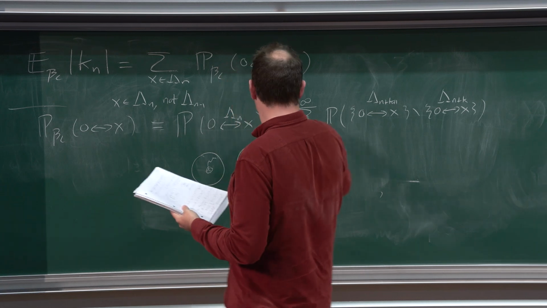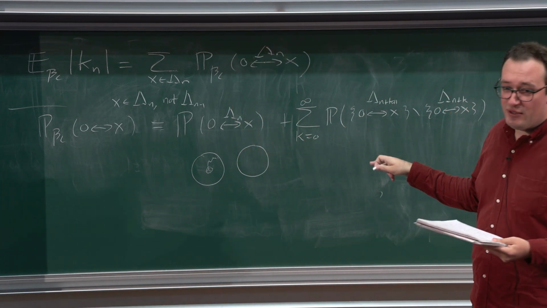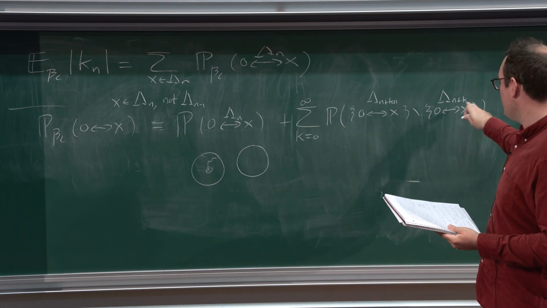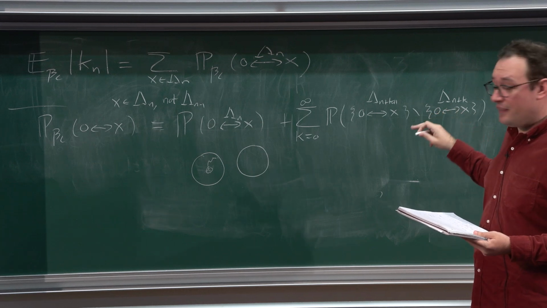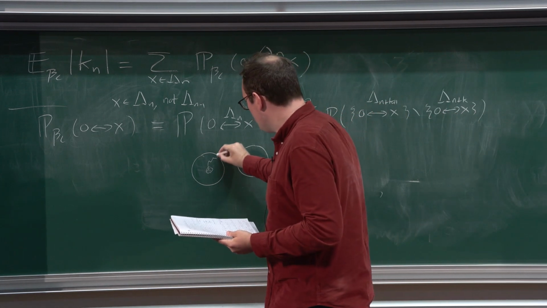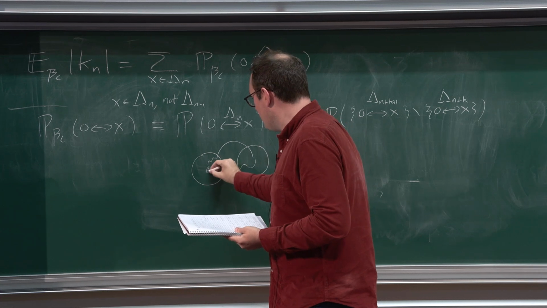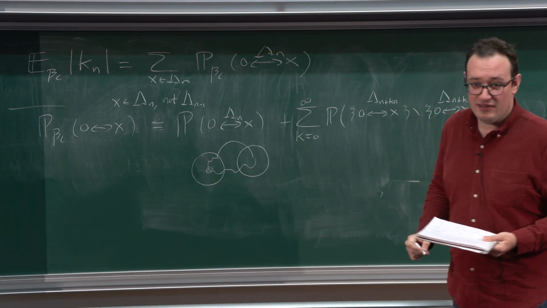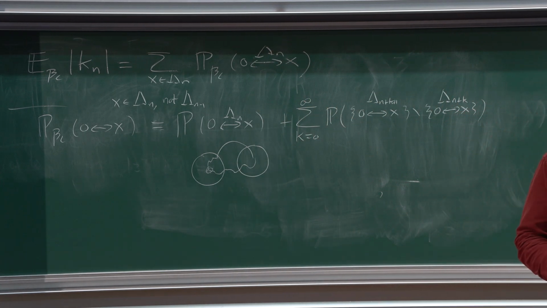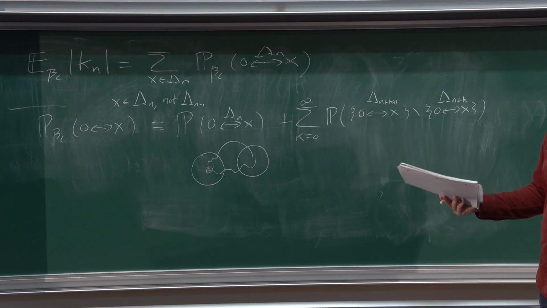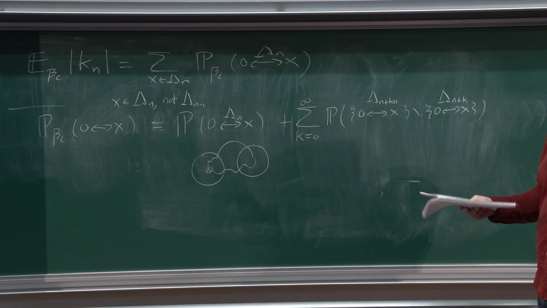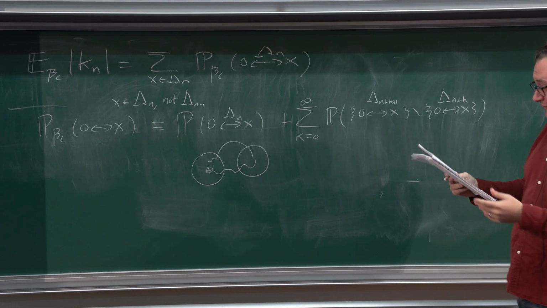I'm basically going to decompose according to the first edge I use to leave this scale. Then I somehow come back to X, staying inside this next scale up. The thing that makes the hierarchical case nice is that when you leave this box, you have to use a long edge. There's no other way of leaving the box.